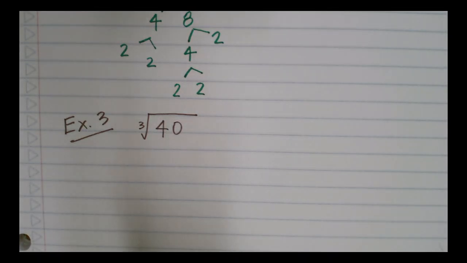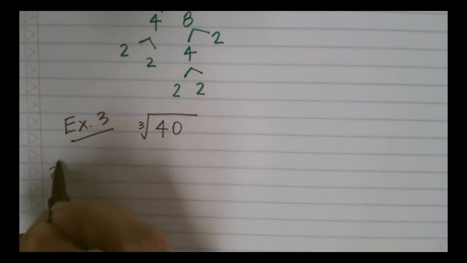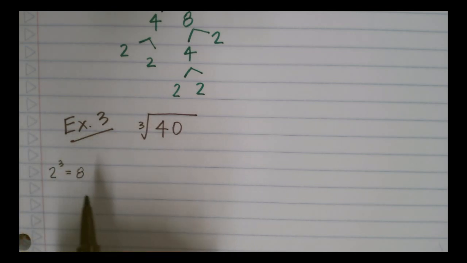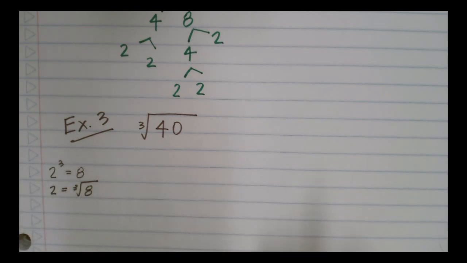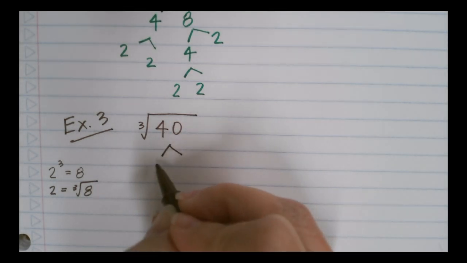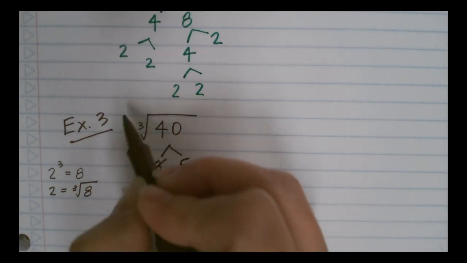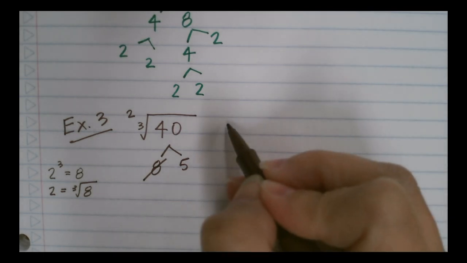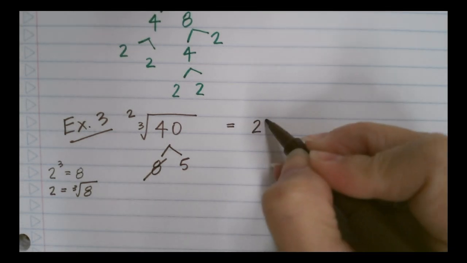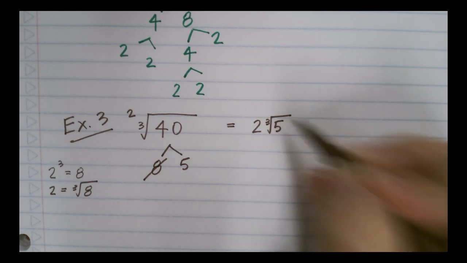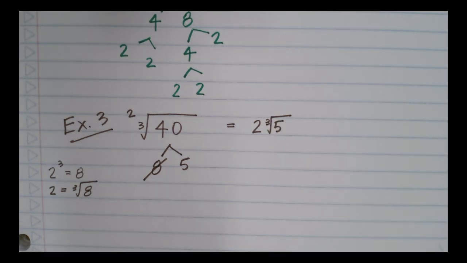I know that 2 to the 3rd equals 8, so the cube root of 8 would equal 2. I can be a little bit smarter by thinking that 40 is 8 times 5, and this lets me bring a 2 on the outside. So this would be 2 times the cube root of 5. This time, instead of looking for perfect squares, we're really looking for perfect cubes.